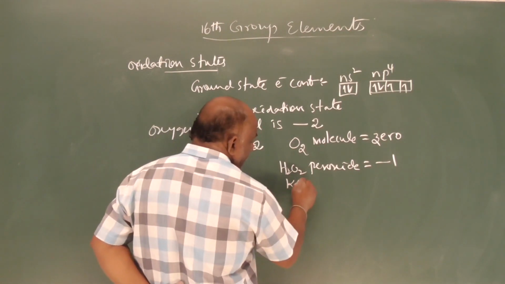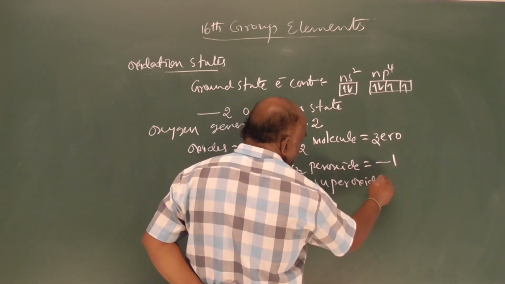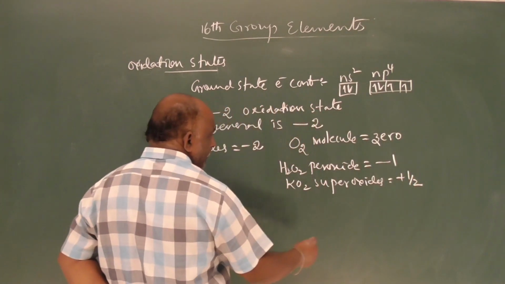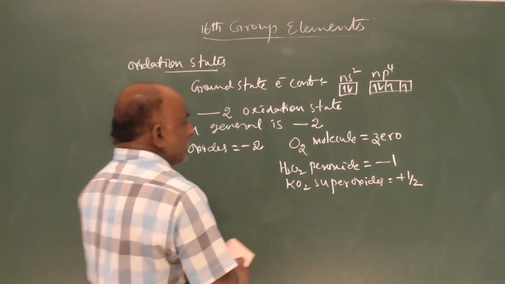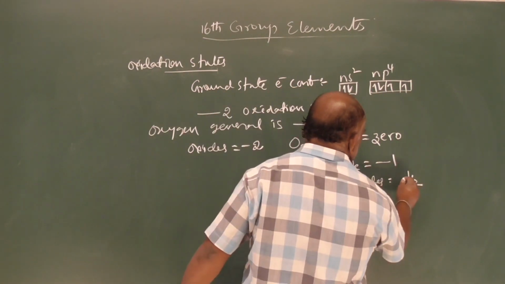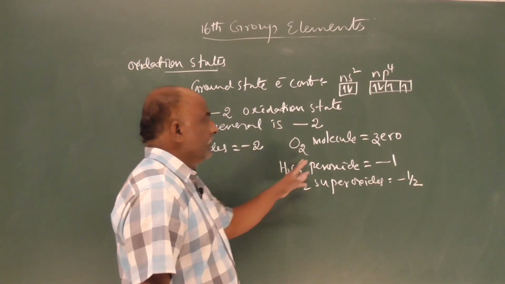KO2 is called a superoxide; in superoxides the oxidation number is -1/2.